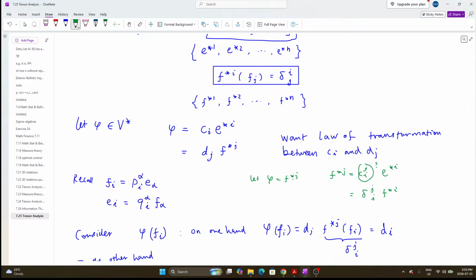Let phi be f star j, then you do this business of... okay, let's see if Shilov can help me out here. How does the transformation of a linear form work?